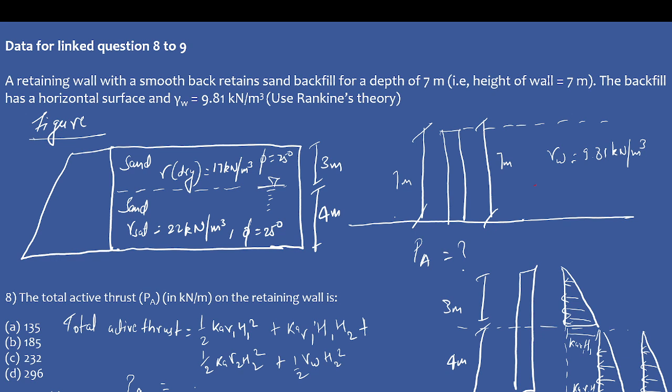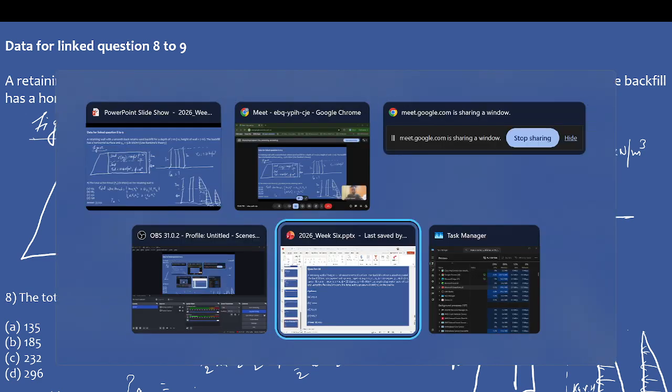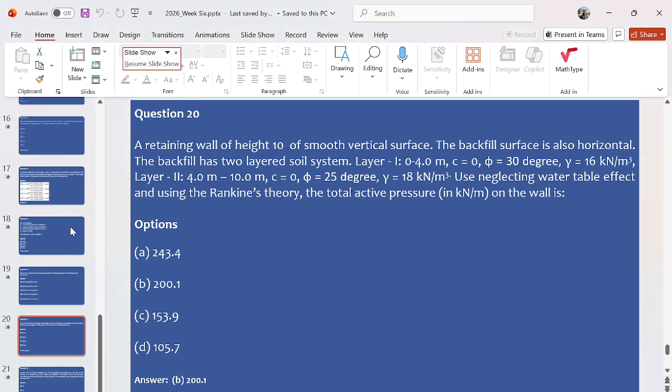Okay, so first we also need to evaluate this, so I'll just add a sheet for this.